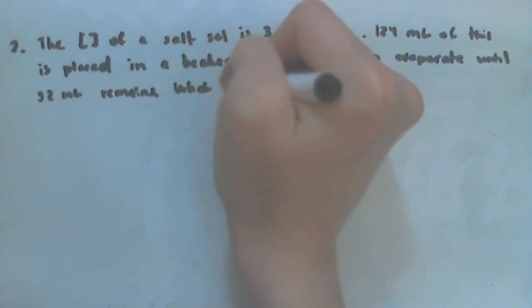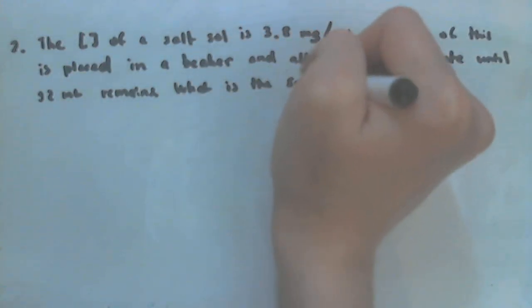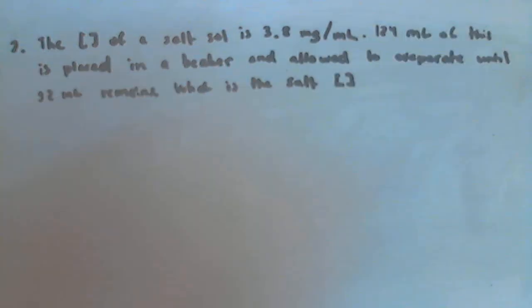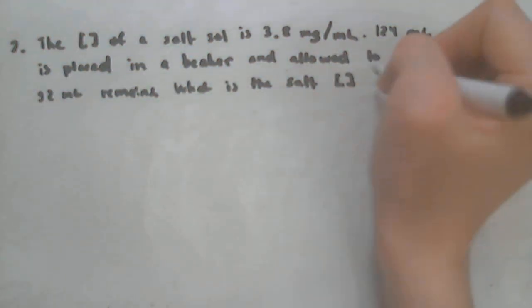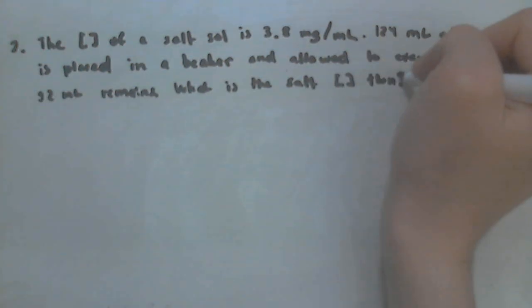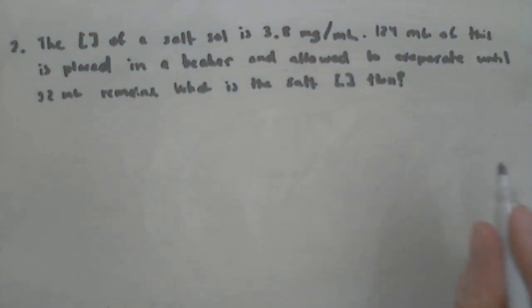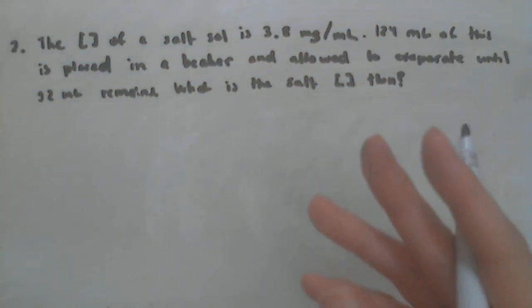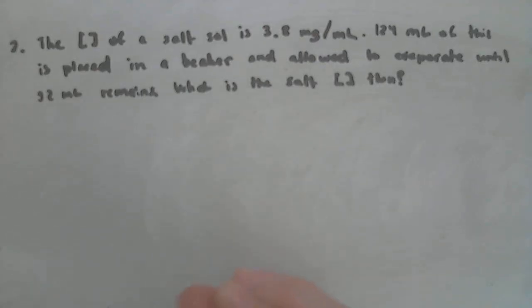What is the salt concentration then? And we're going to assume that the water evaporates, but the salt does not. The salt is just going to crystallize, which kind of makes sense. We're going to round the answer to 1 decimal place.